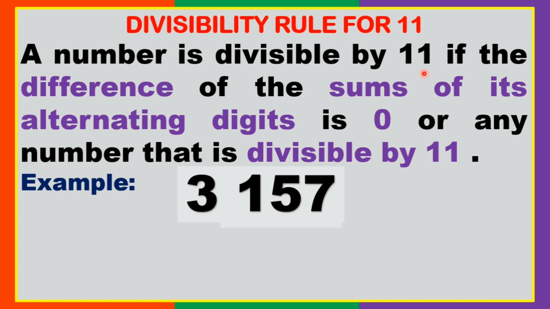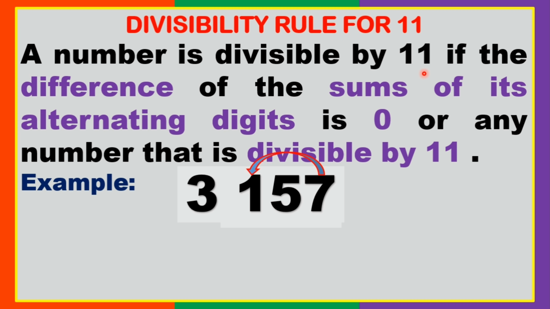3,157. Let's get first the sum of the alternating digits. We get the sum of the first, third, fifth, those are the odd digits. Let's start with the odd digits: we have 7 plus 1, that is 8.